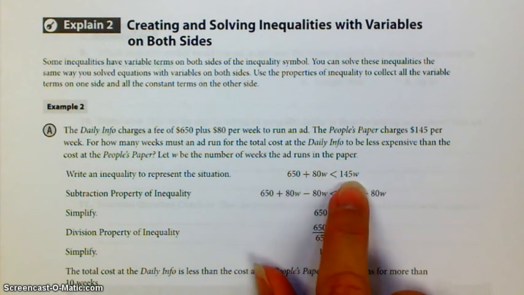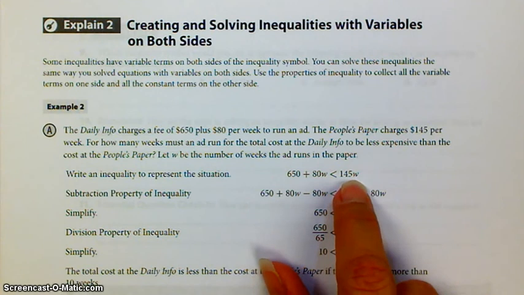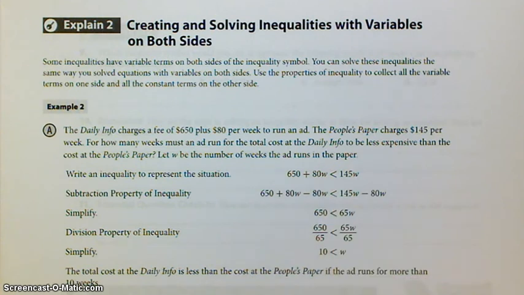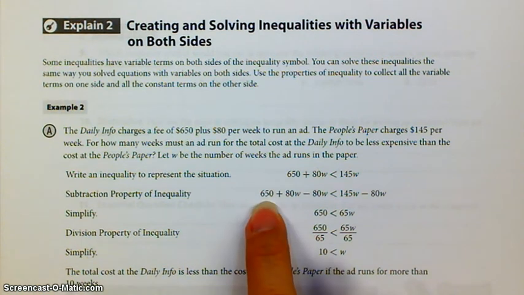To run a 1 week ad in the People's Paper, it's only $145. But because the weekly charge for the Daily Info is smaller, eventually, after a certain number of weeks, the Daily Info is going to be cheaper, but it's not going to be cheaper at first because of that flat rate that they charge as well.